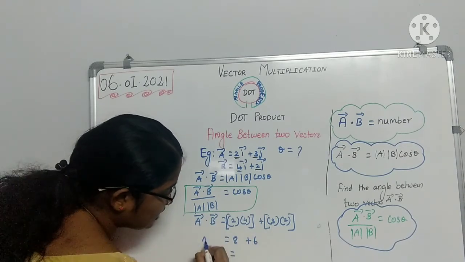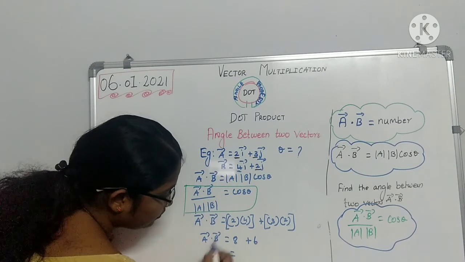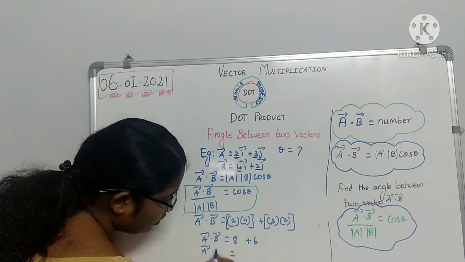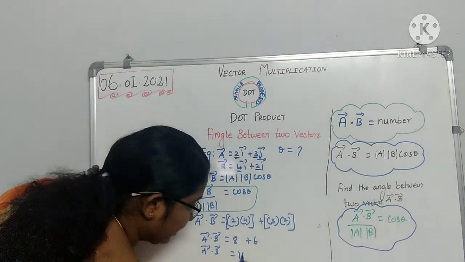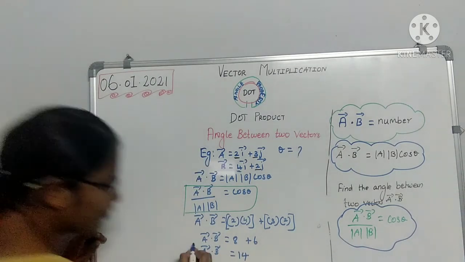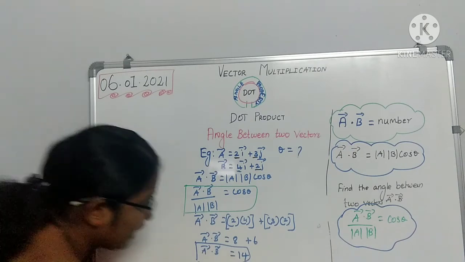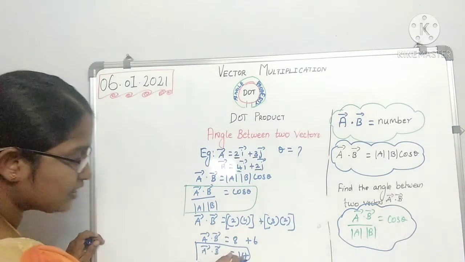So 8 plus 6 will give you 14. So A vector dot B vector is 14.